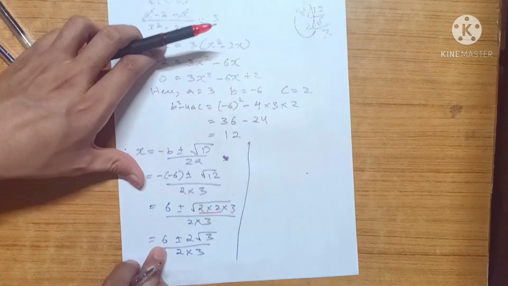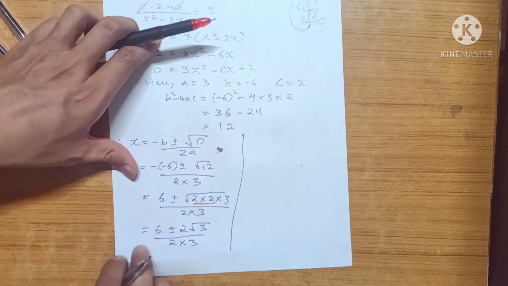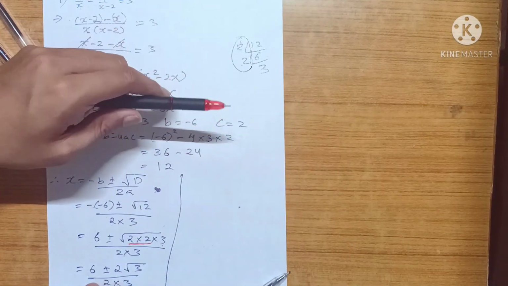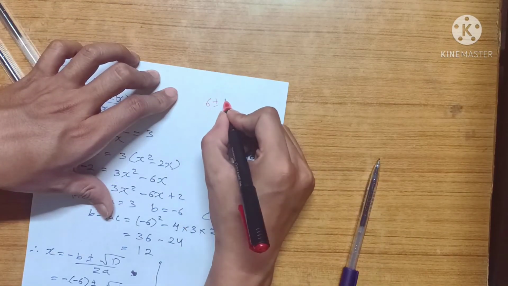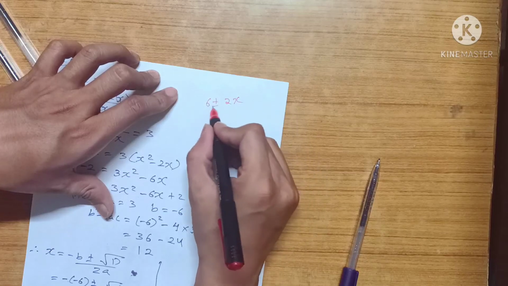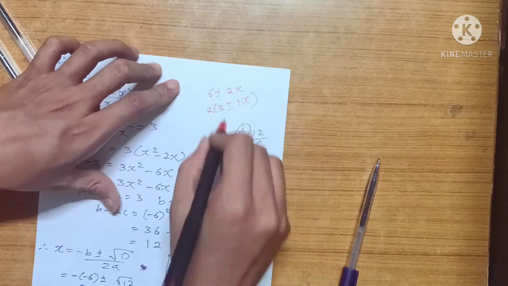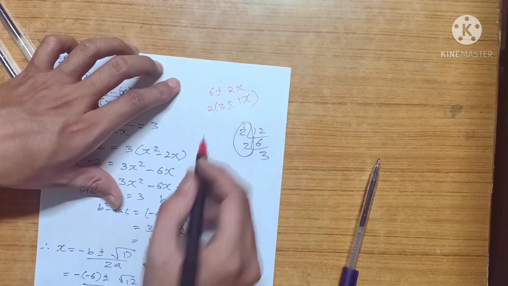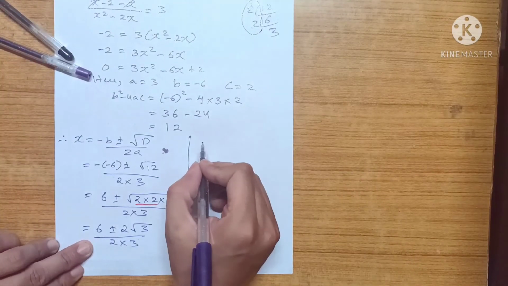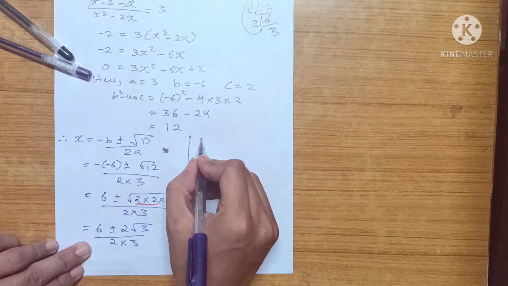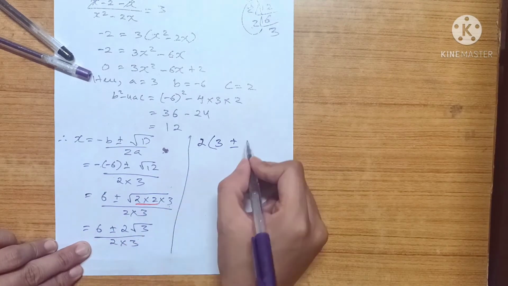Now from here, if you look closely, you will notice that 6 and 2 are both divisible by 2, right? Whenever you see root, don't get confused, okay? It's literally like 6 plus minus 2 root 3. So if it's like this, we know that we can easily take common, just like that only, okay? So if I take 2 out from here, 2 is out, so 2 into 3 plus minus 2 into how much is 2? 1.